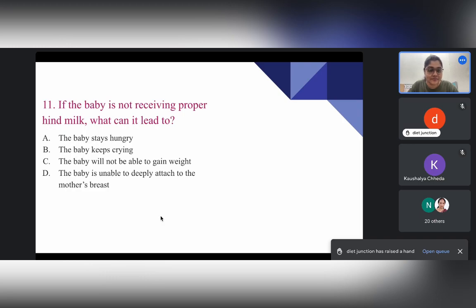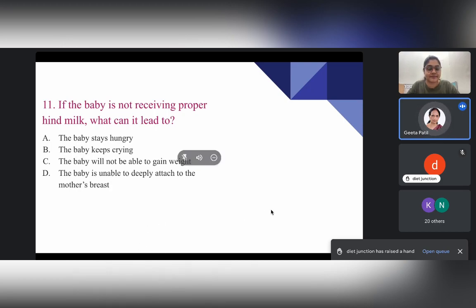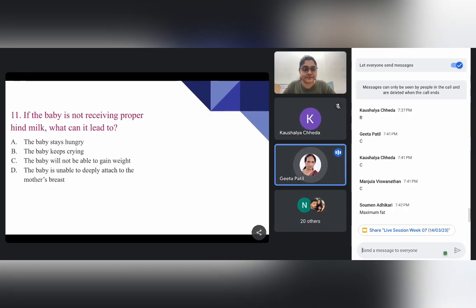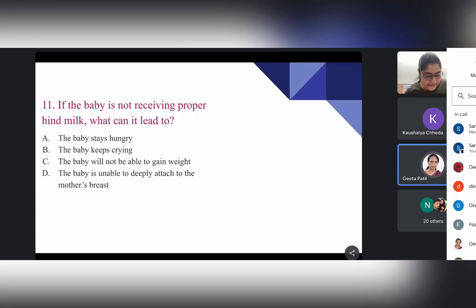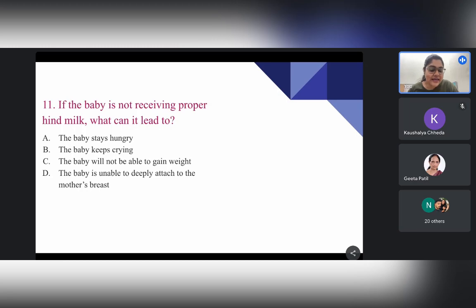Pressing the breast, and if thin milk is coming, then definitely you should continue on the same breast. If there is thick milk like hind milk, but very few drops, it means that breast is empty, and you can change her to the other breast. Yes, yes. Somebody had raised a hand, I think.